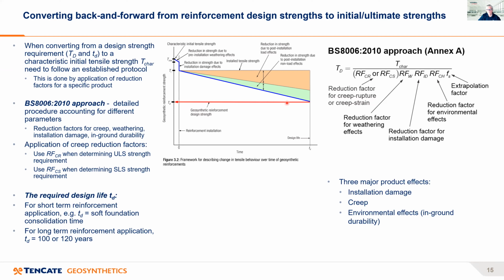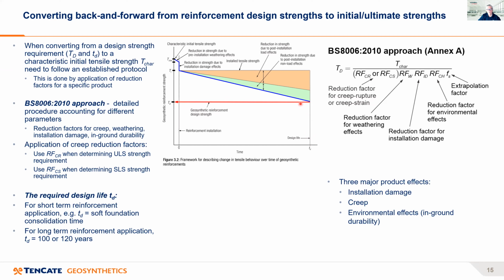And this design strength acts at the base of the embankment over a required design life, which of course is the time it takes for the soft foundation soil to consolidate. So over this period, in calculating the design strength, we then need to work out, well, what does the initial tensile strength of the reinforcement have to be if this is what the long-term design strength has to be?